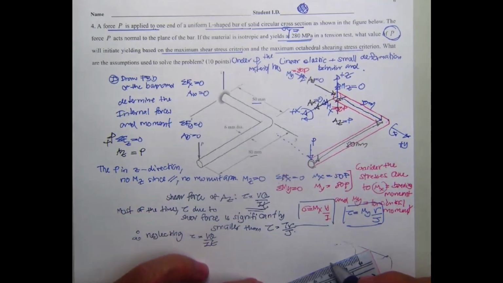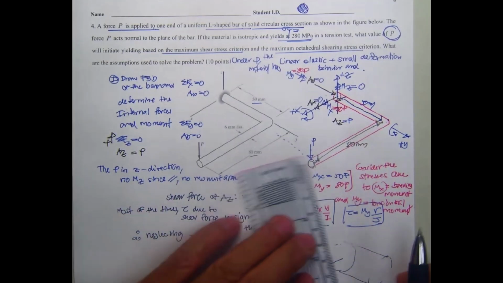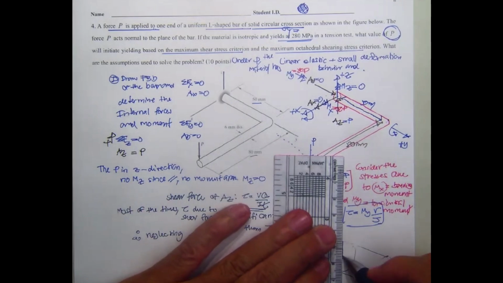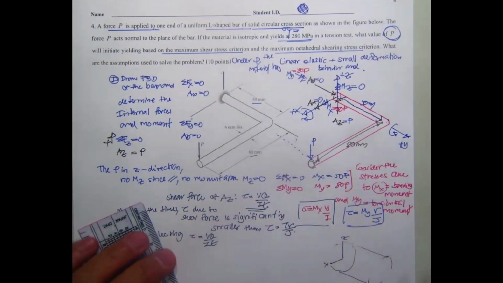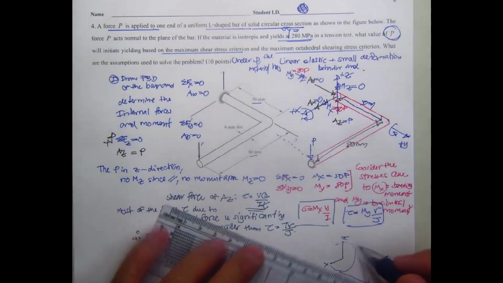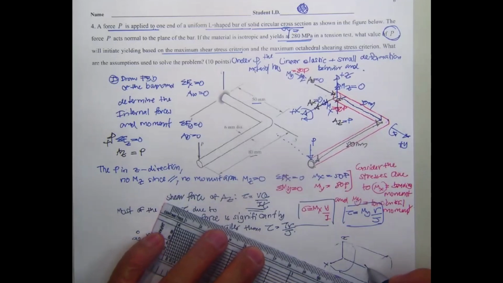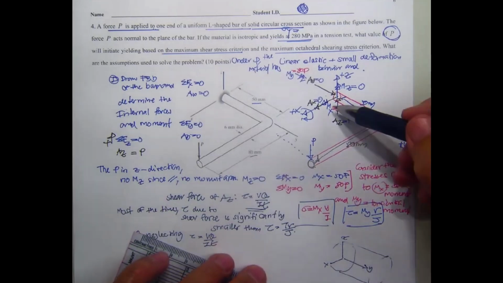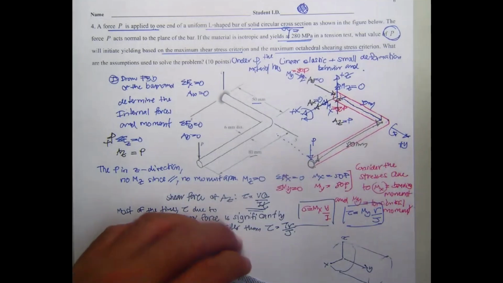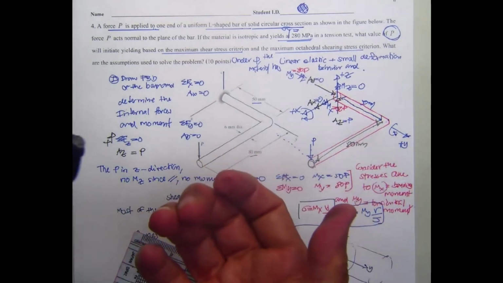For this one, I should say this is X and this is C. We're going to consider mainly this one, and this is going to be in the Y direction. Due to the bending moment over here, it is going to bend about this one.